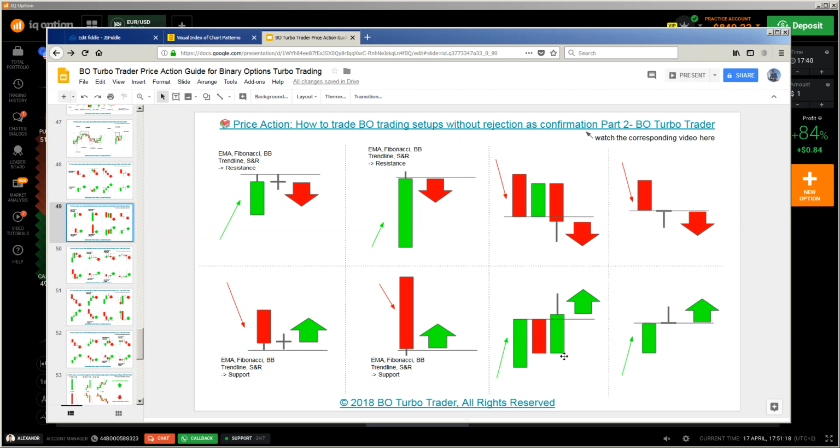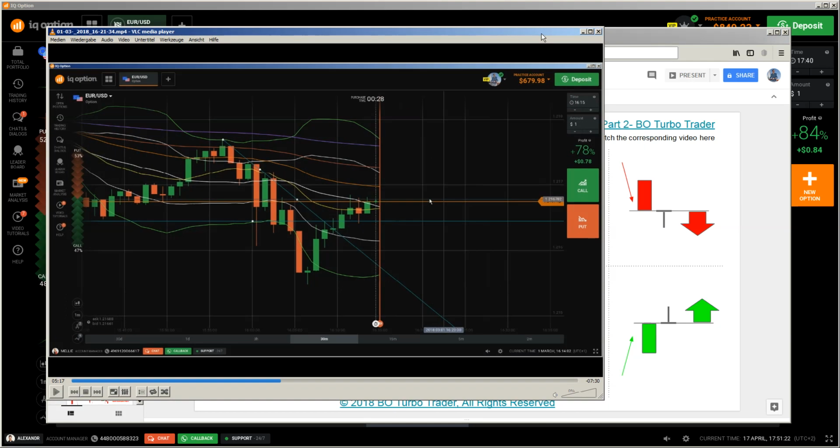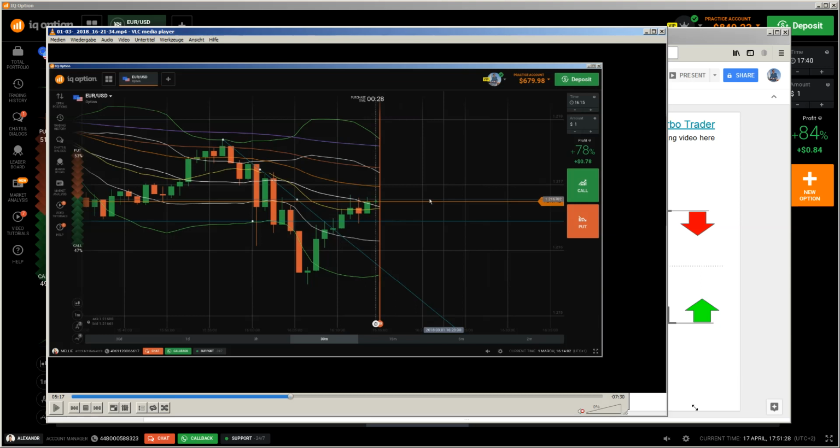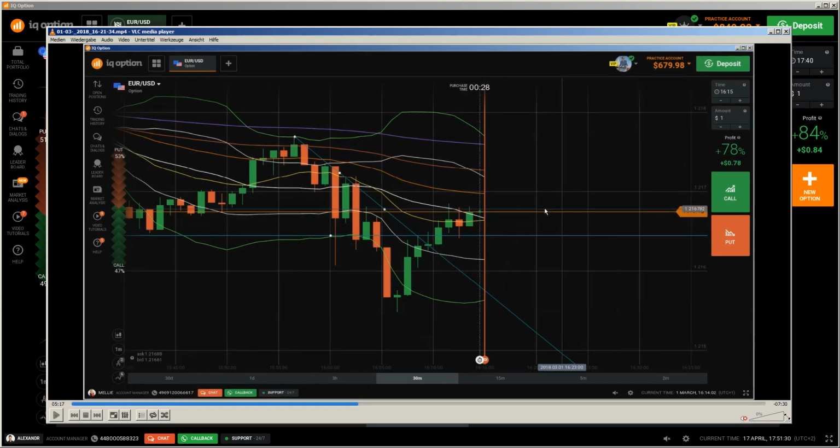So we have now this kind of trading setup, and I'm going to show you this one here. You see green, red, green. And why? I'm pretty much sure that this will go up further, because we have here already 1, 2, 3, 4 touches of some kind of SNR.